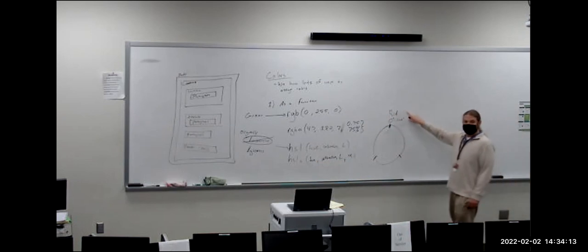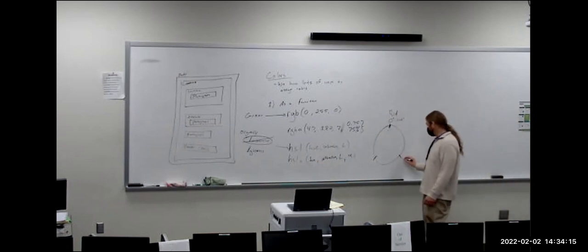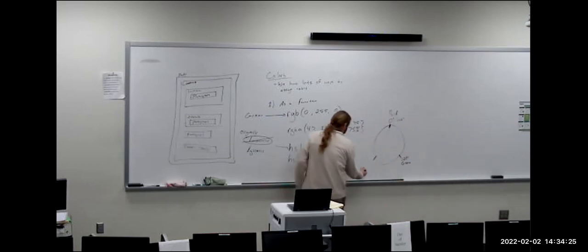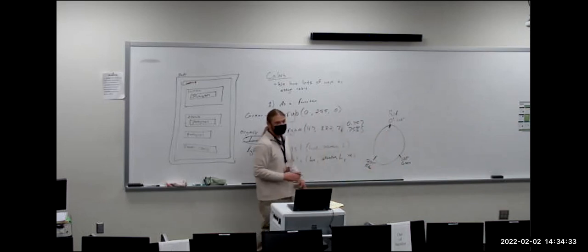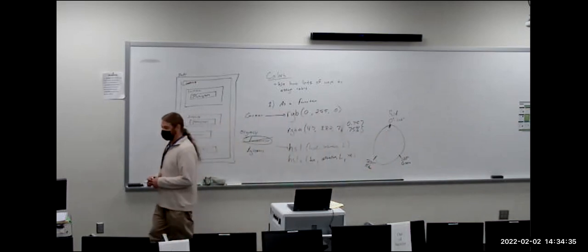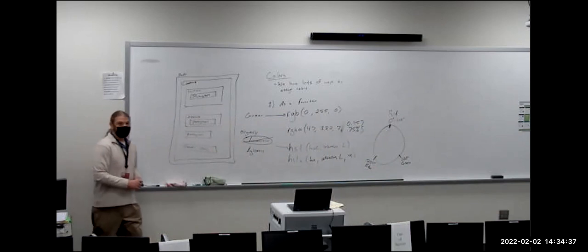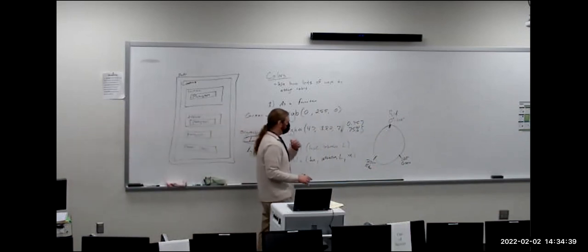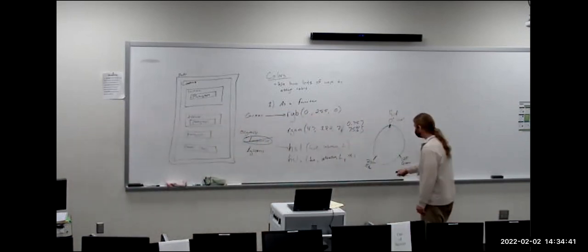As we move clockwise, about a third of the way around, we get 120 degrees, and that's where we find our green. Two-thirds of the way around, 240 degrees, is where we get our blue. And that's our red, green, and blue mix by going around this circle.